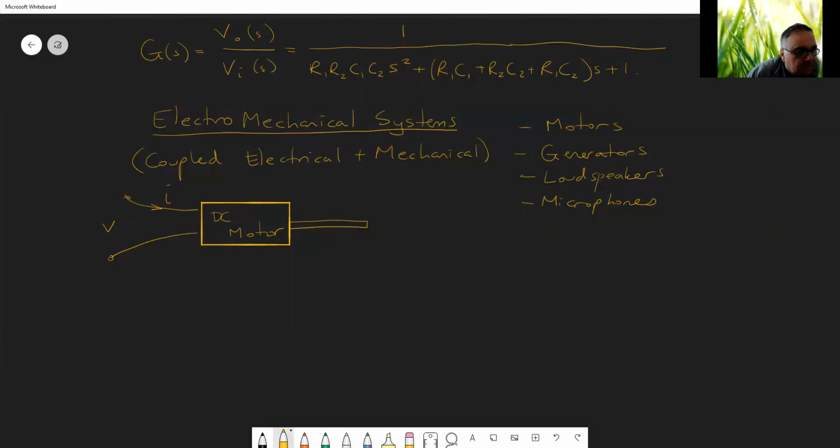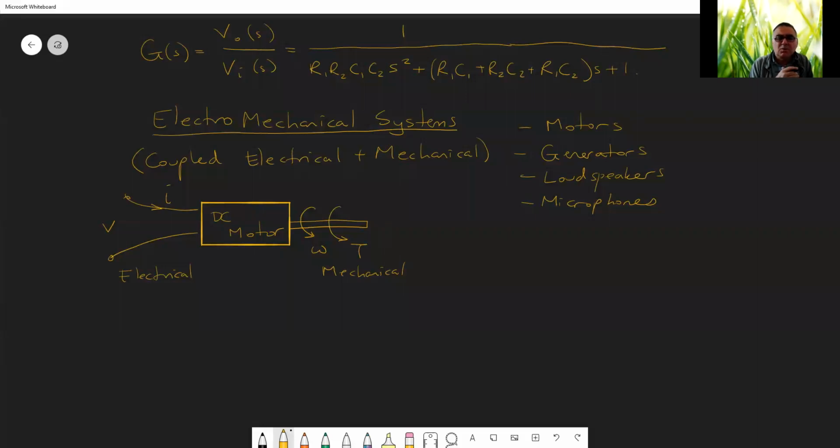And this shaft generates a rotation, angular velocity omega, and it also generates a torque. Now you see that V and I are inputs, electrical quantities. The outputs are mechanical quantities here. But these are coupled in an intricate way.